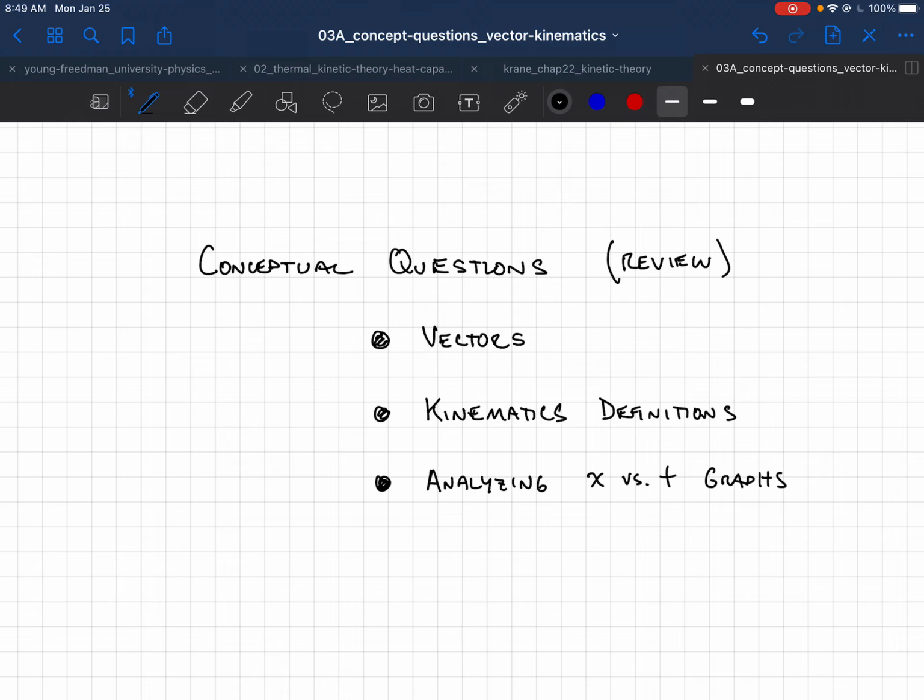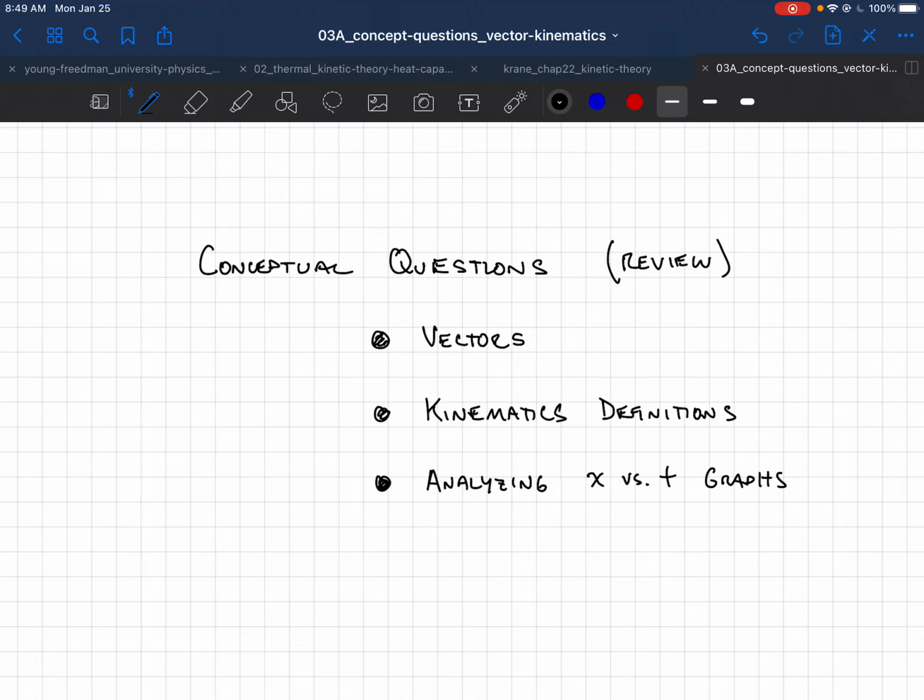However, they do seem to require a different skill set that you need to develop in order to answer these kind of questions, rather than just answering numerical problems where you're solving a problem with your calculator.